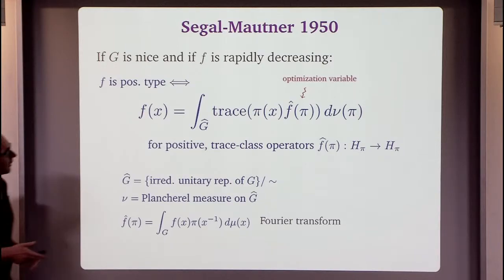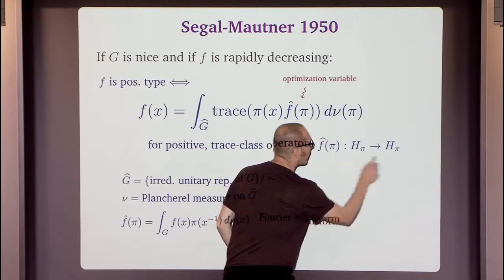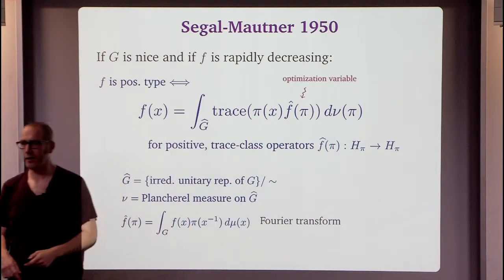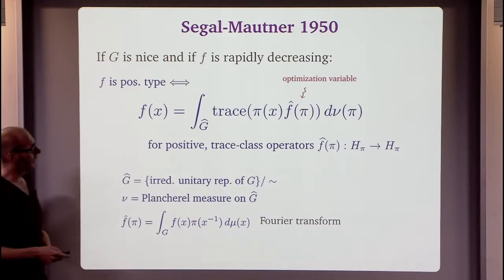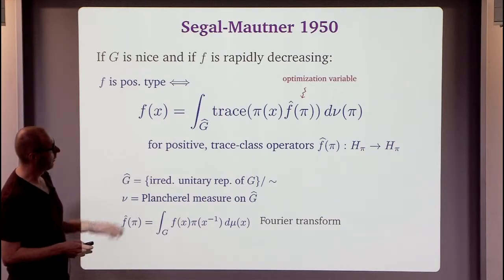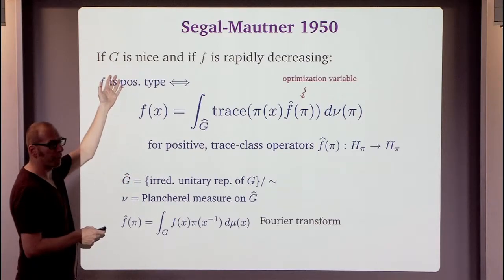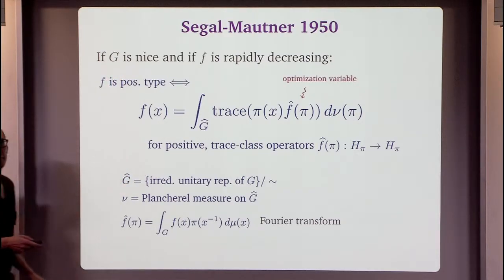So what we have to do is optimize over all these f hats. And this very much depends now on the group, how these f hats look like, and how the H pi's look like. But this simply gives you a framework which works for arbitrary nice groups.